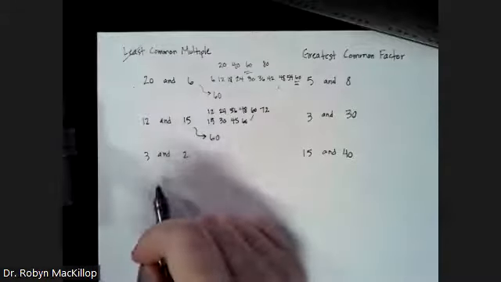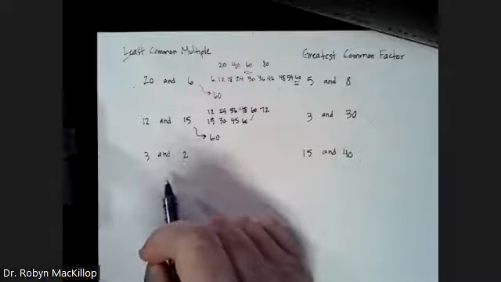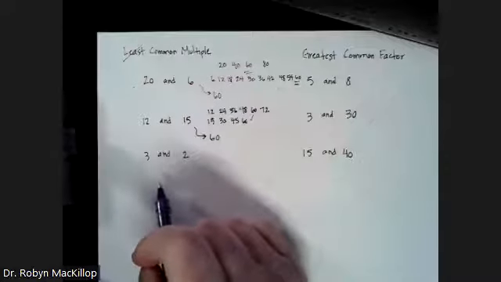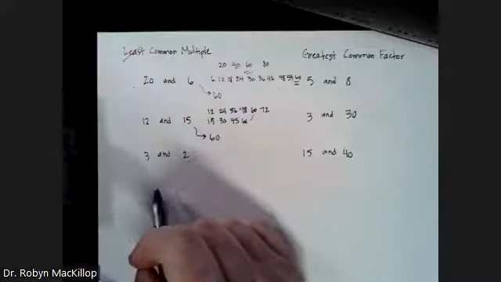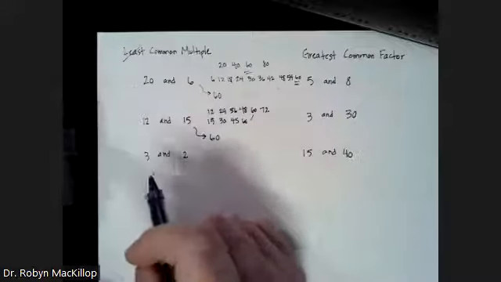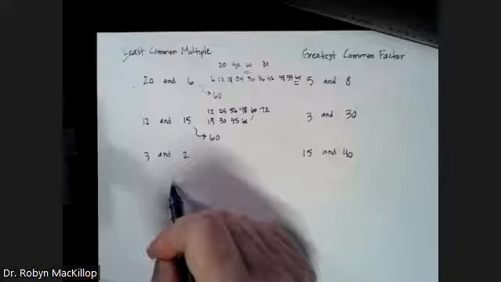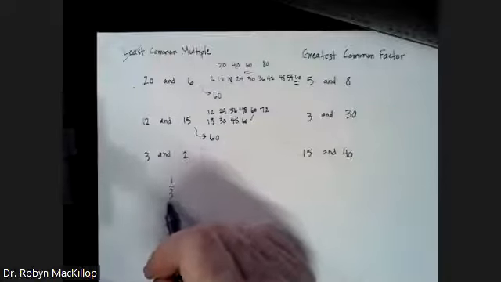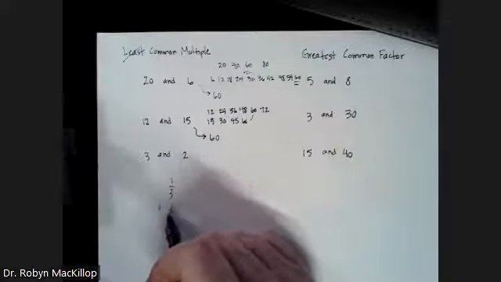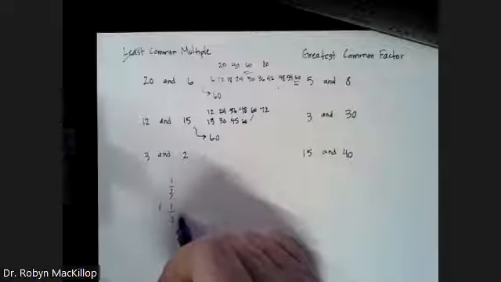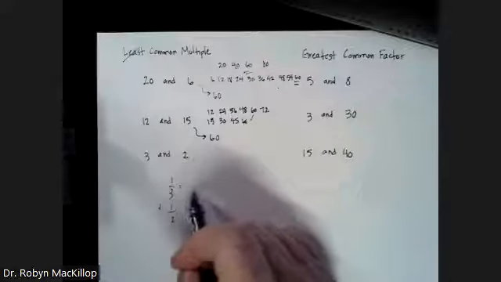And then we've got 3 and 2. What is the lowest number that both 3 and 2 go into evenly? When numbers are small like this, think about if you had 1/3 plus 1/2, and you've got to come up with a common denominator.